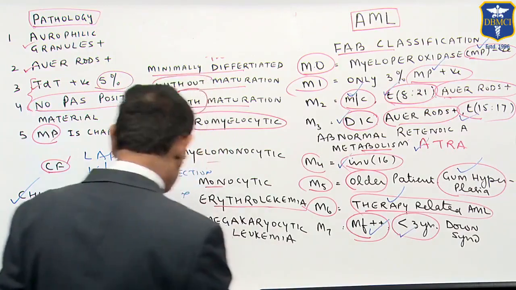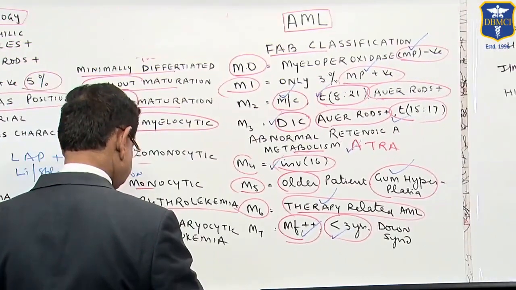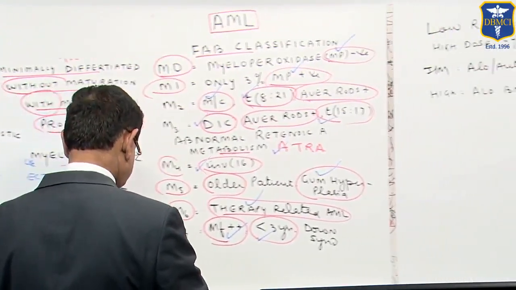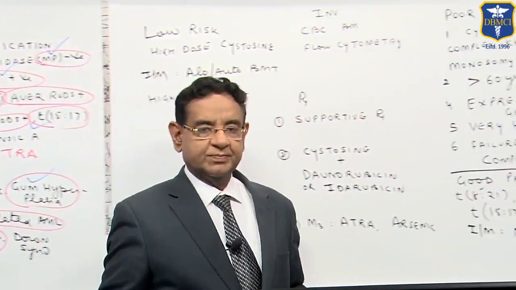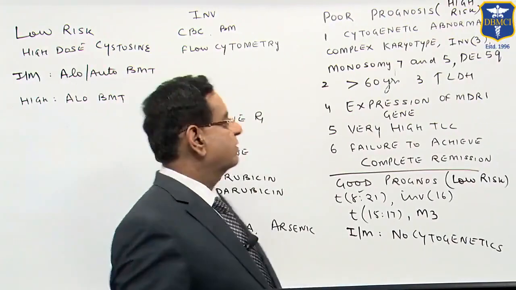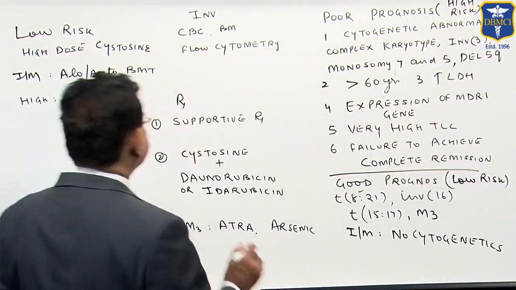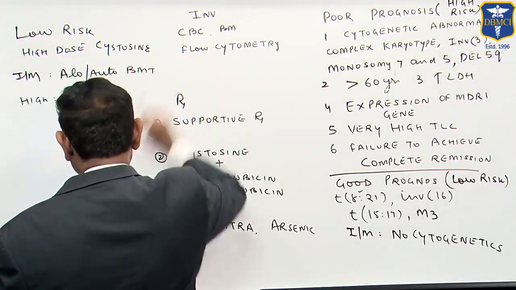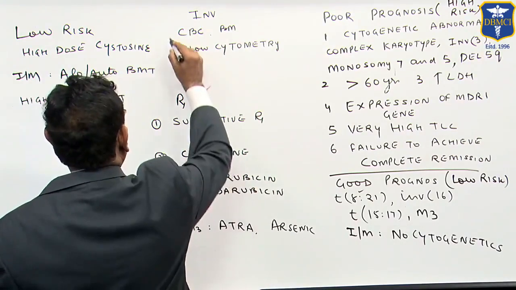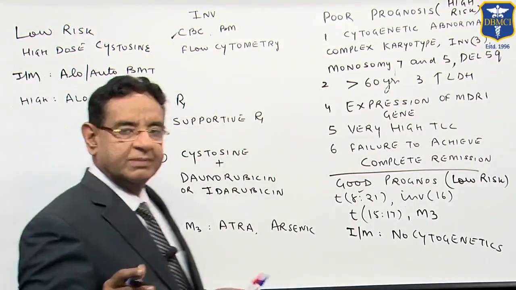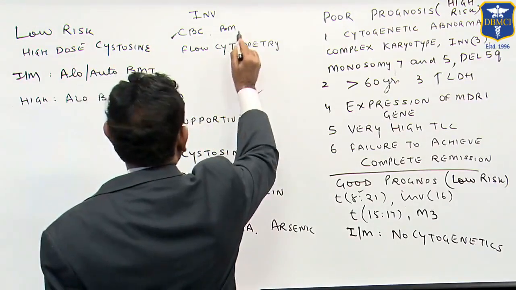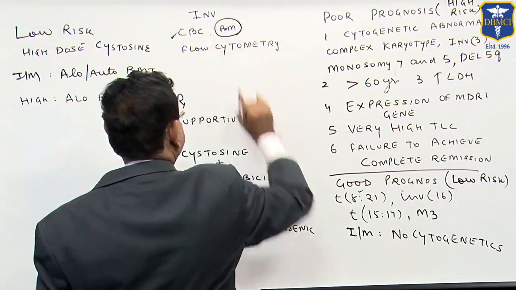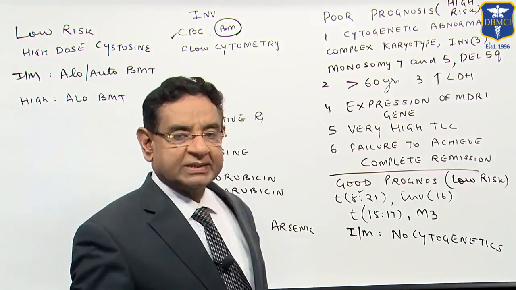Now we talk about investigation. The best initial investigation is complete blood count and peripheral smear, where we see blast cells. But most important is bone marrow examination, where we see blast cells.